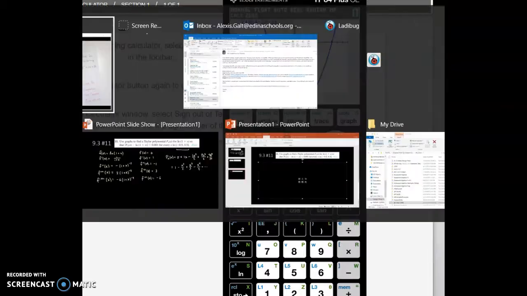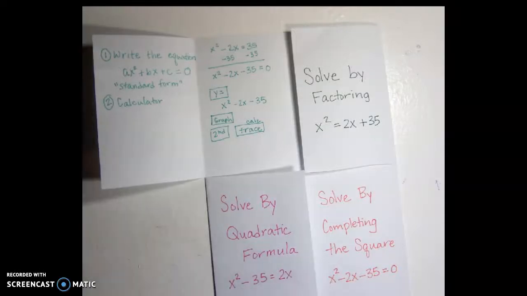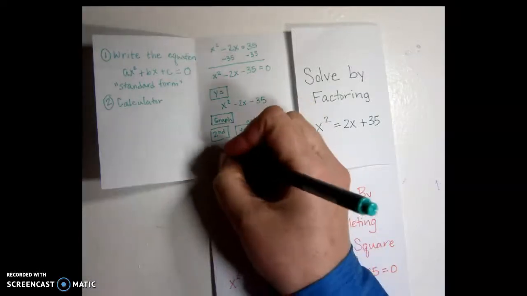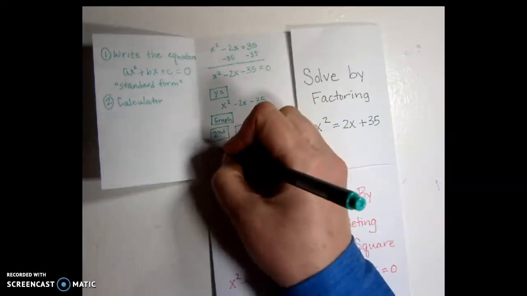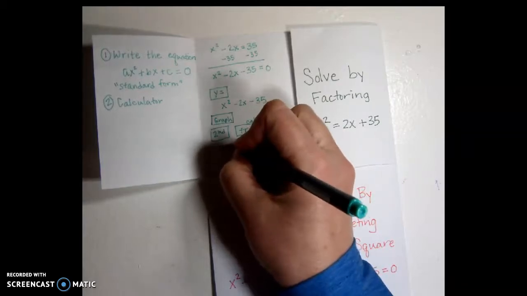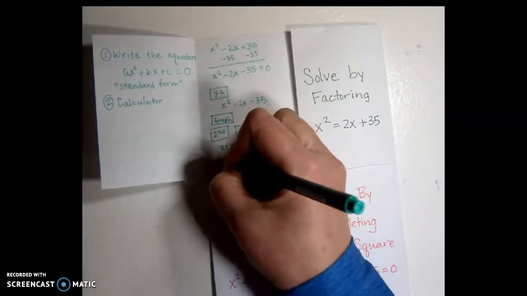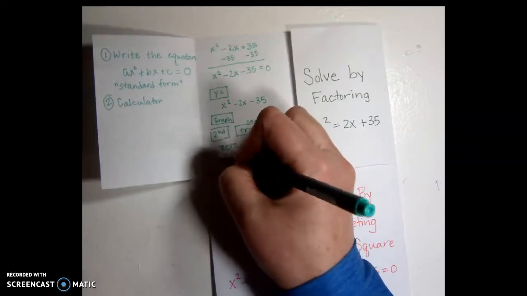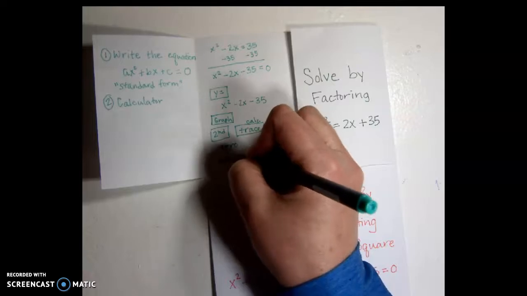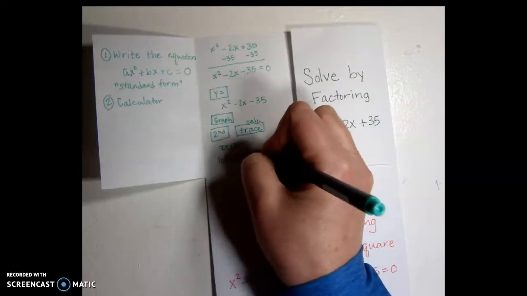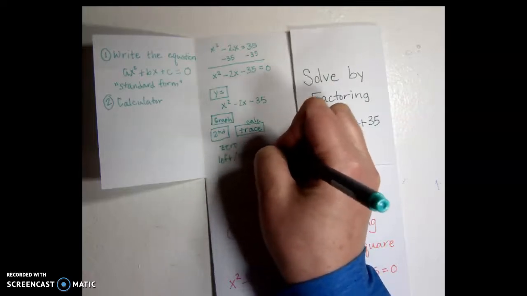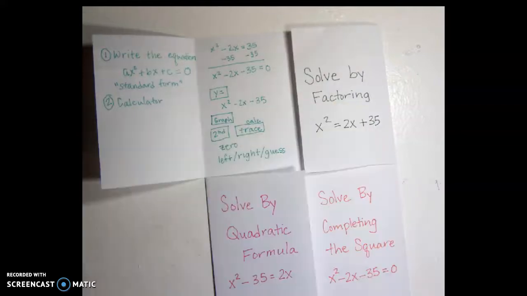I'm going to go back to my foldable. After we hit second trace, we're going to choose 0. And then we have to do left bound, right bound. You don't have to do guess, but you do have to hit enter one more time in order to get that guess.